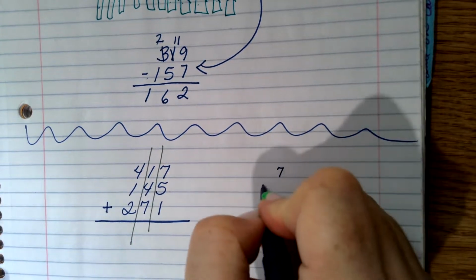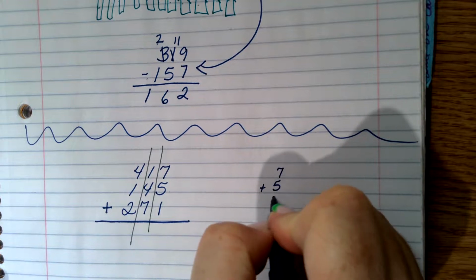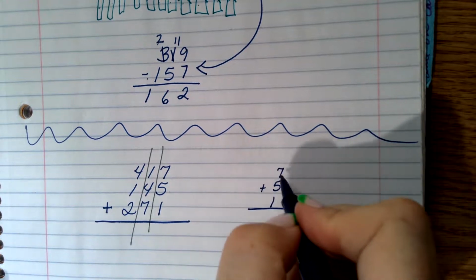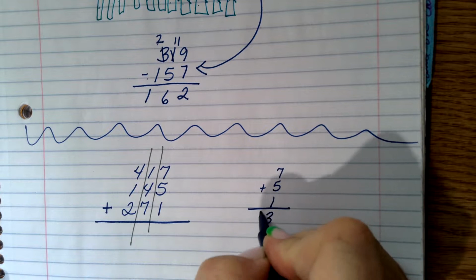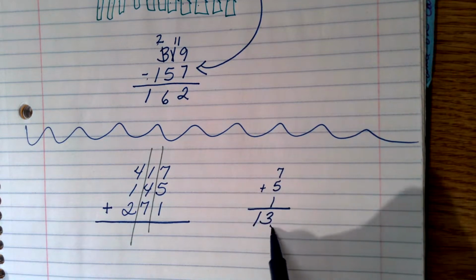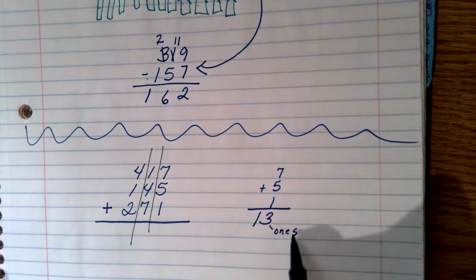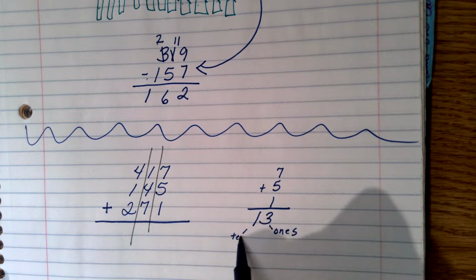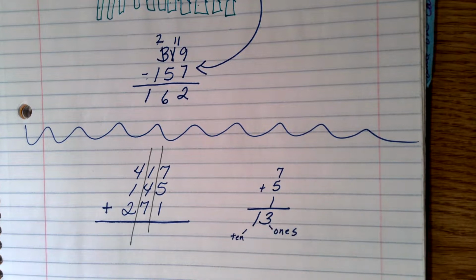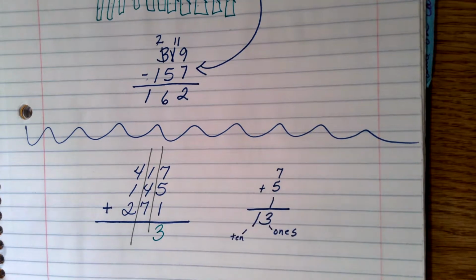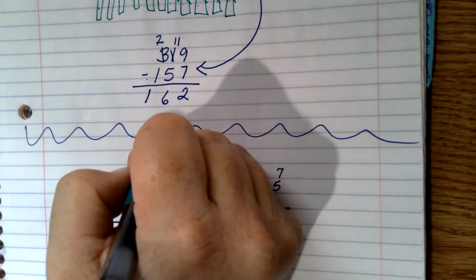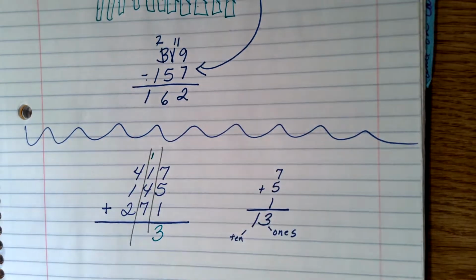So 7 plus 5 plus 1. 7 and 5 is 12, plus 1 is 13. I see here that I have 3 ones and 1 ten. So when I write that into my equation, I'm going to write 3 here, and then my 1 ten is going to go up above.